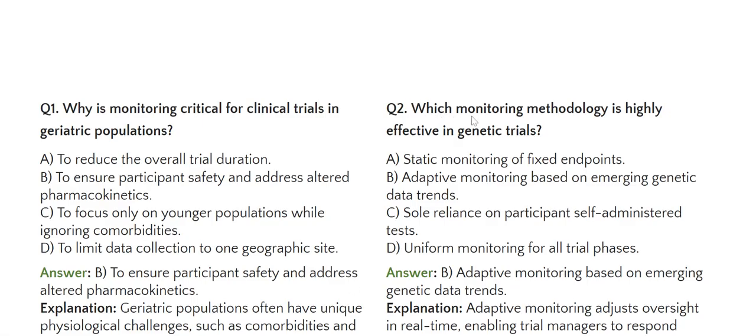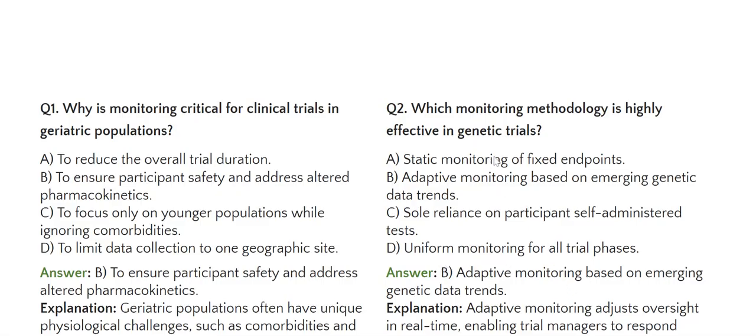Question 2: Which monitoring methodology is highly effective in genetic trials? A, static monitoring of fixed endpoints. B, adaptive monitoring based on emerging genetic data trends. C, sole reliance on participant self-administered tests. Or D, uniform monitoring for all trial phases.